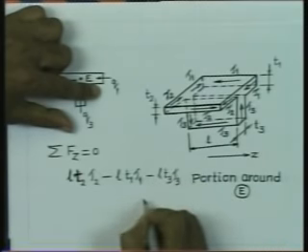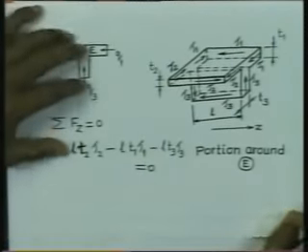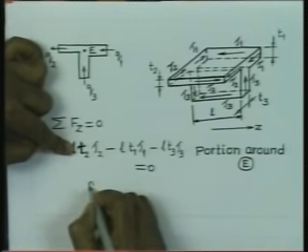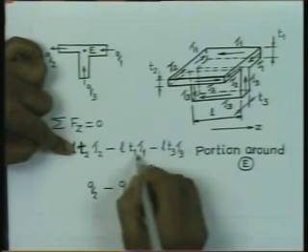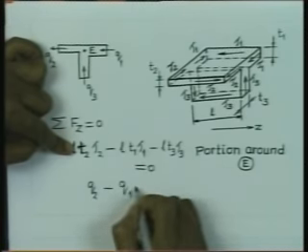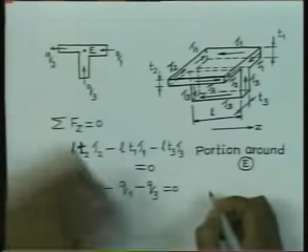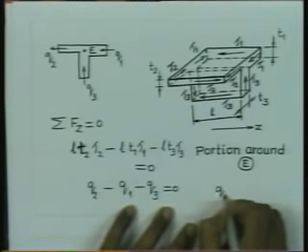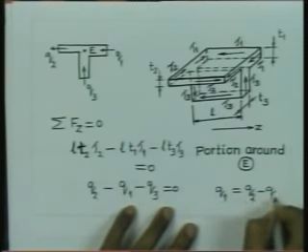So, this is equal to 0, and if you now write that T2 into tau 2 is Q2 minus T1 into tau 1 which is Q1, T3 into tau 3 is nothing but Q3, and that is equal to 0, which is the same thing as Q1 is equal to Q2 minus Q3.